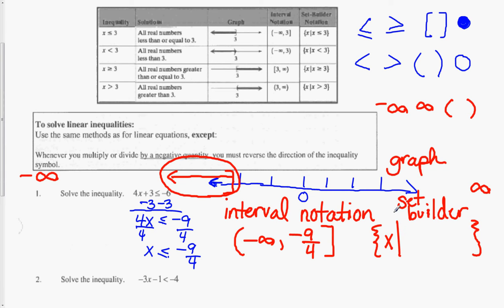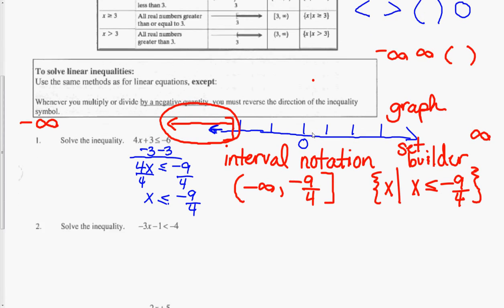Now that x and then that line going straight up and down, that is just a notation. That doesn't have anything to do with working out the problem. But x such that, and I found out that x was less than or equal to negative 9/4. You're really just putting your answer in these little brace things, and then you've got the x with the straight line saying such that. So that's the 3 ways you can show an answer on these inequalities.